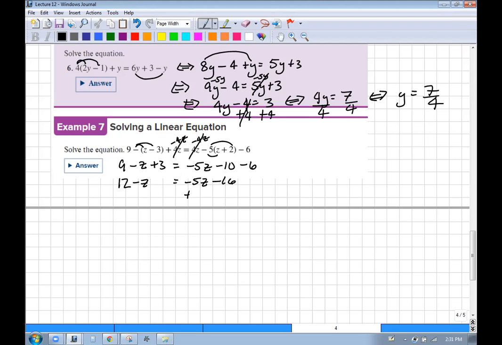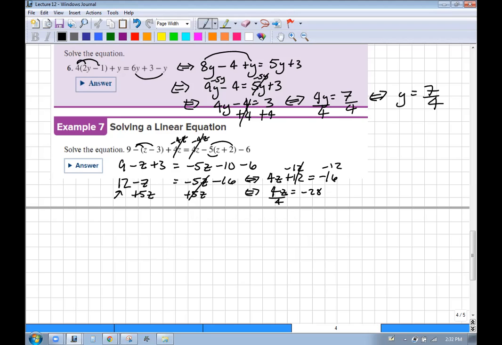Let's get all the z's together. Add 5 to both sides. So I got 5z minus z is 4z. I still have this 12 hanging around. And then minus 16. So let's get rid of the 12. Gives me 4z equals -28.